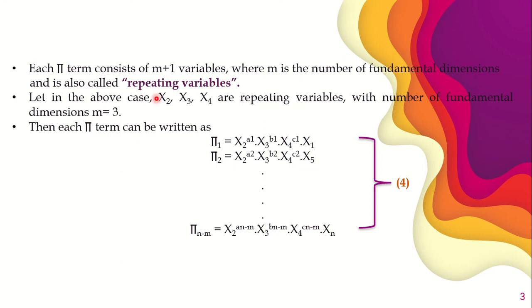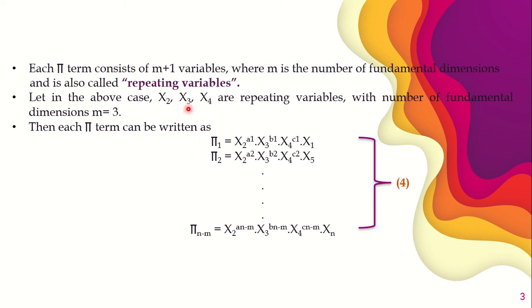Even in pi 3 I should have 4 variables, and so on. In pi 5 also I will have 4 variables. Now in this pi 1 to pi 5, every pi term has 4 variables. That's fine. But in those 4 variables, 3 variables will be the same, repeating in all the pi terms. Those 3 variables are called repeating variables.